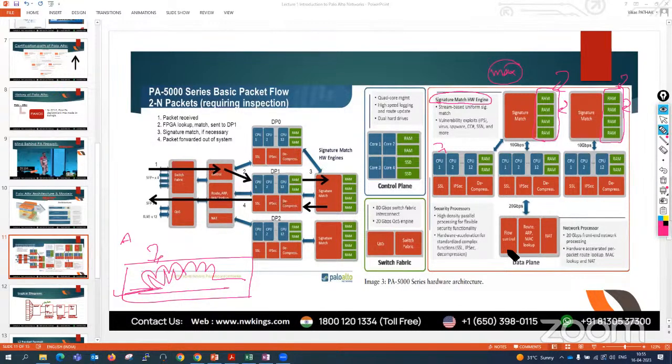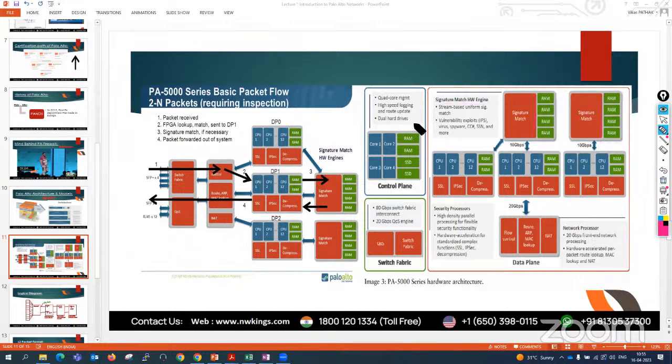Because it has to do signature matching. It has to check the IPS, IDs, and everything. So it has to keep the packet for a longer period of time. To keep the packet for a longer period of time, we have to have a good amount of RAM. That's the reason we have this many RAMs.